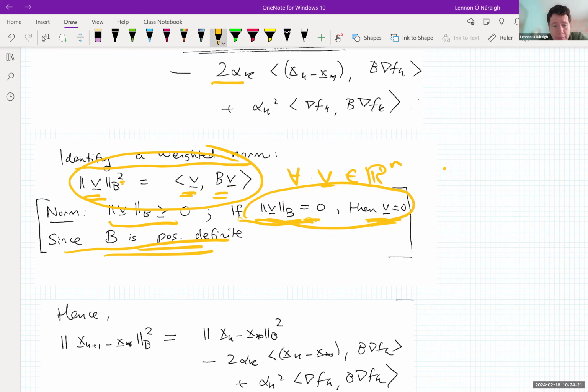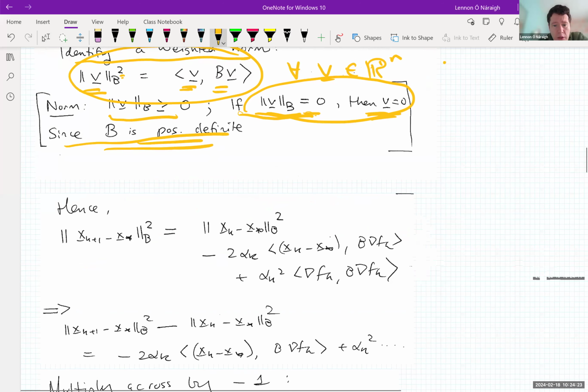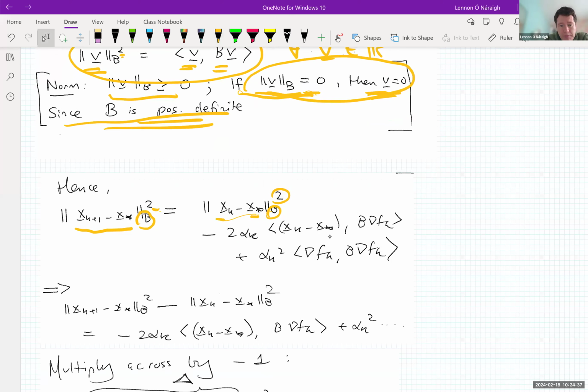It's the B norm. So going back to what we had previously, I've got x_{k+1} - x* in the B norm squared is equal to x_k - x* in the B norm squared. And then minus the corrections, 2 alpha_k, then the scalar product of x_k - x* with B grad f plus alpha_k squared, scalar product of grad f with B grad f.